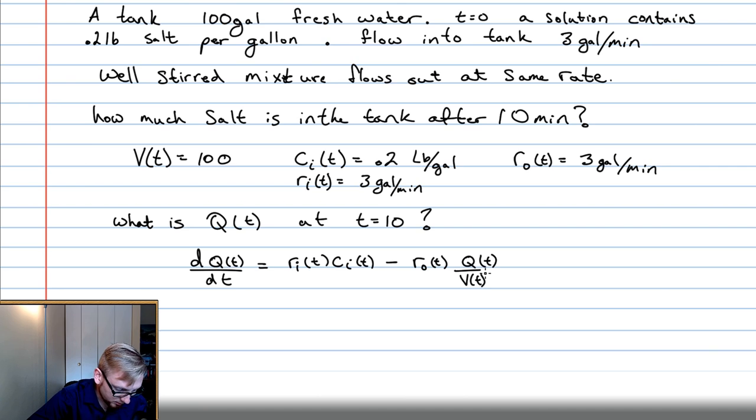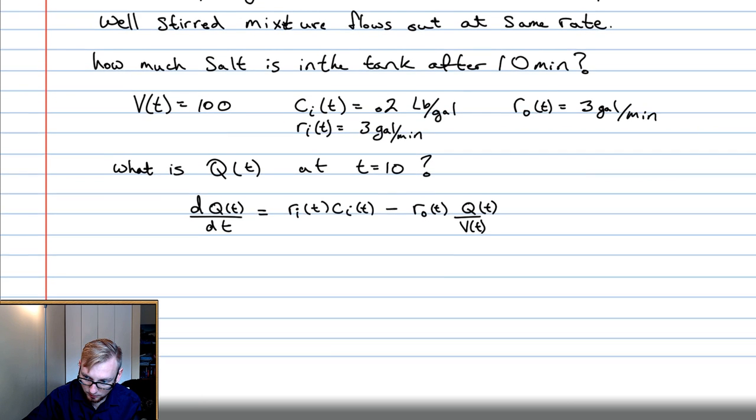This is our differential equation that we have to work with. So let's plug in our numbers and see how we can simplify it, make it a little easier to work with.